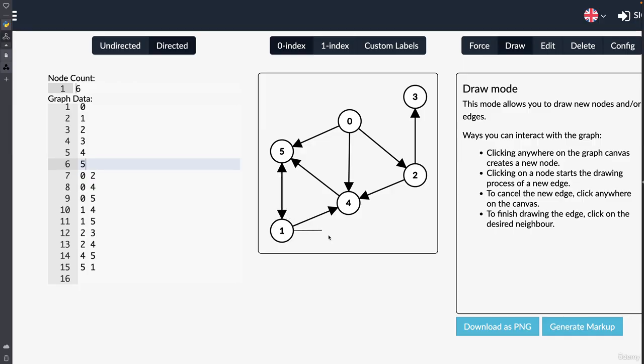Again, the best way of thinking about this is following on Instagram or any other social networking website. If you are following someone, it doesn't mean that he or she is also following you. It's a single, or I would say directed approach. It's a directed graph. As compared to being friends on Facebook, where if you are friends with someone, he is also a friend with you.